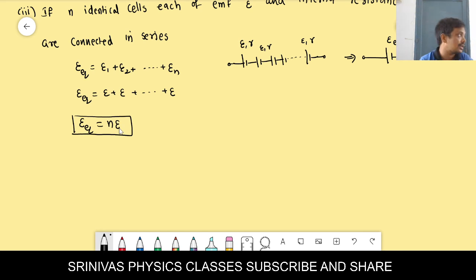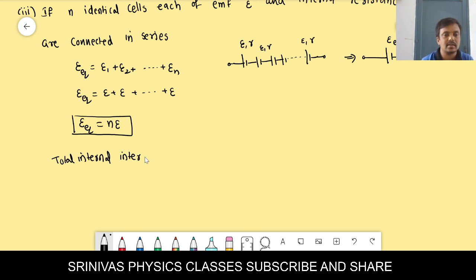If you connect 3 cells, each of voltage 1.5 volts, in series, then what is the total EMF? There are three cells, each cell having EMF 1.5 volts.